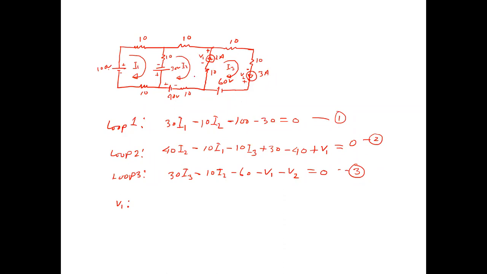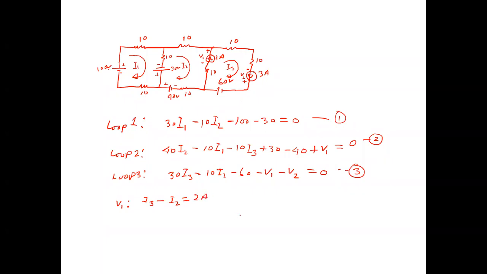So V1 is the right portion loop minus the wrong portion. So this is I3 minus I2, equal to 2.